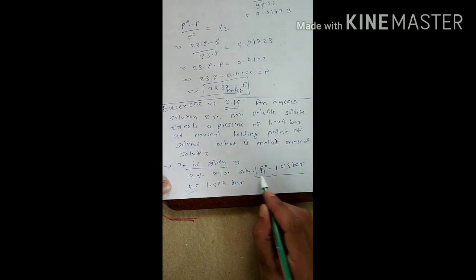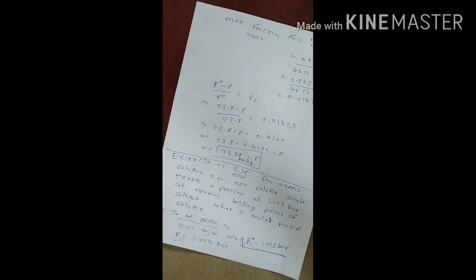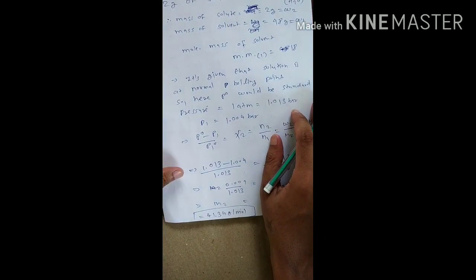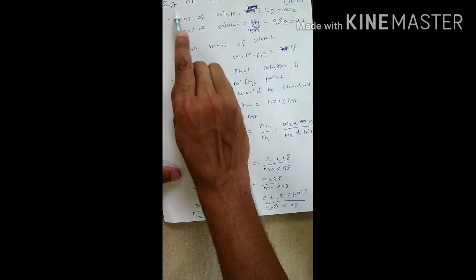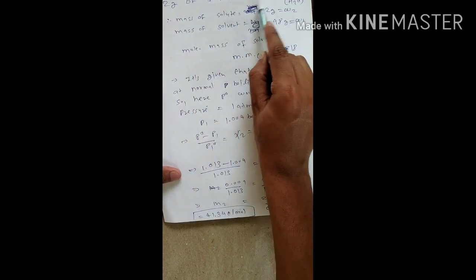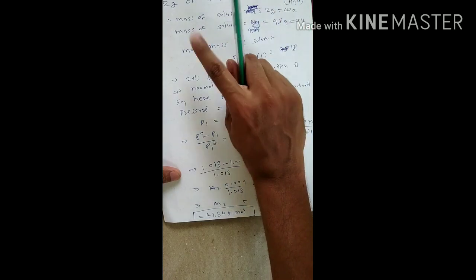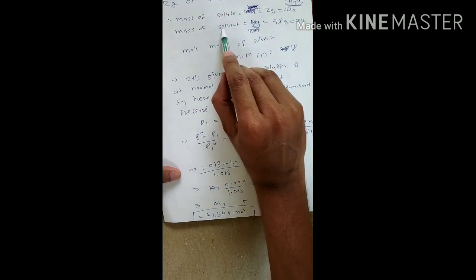P10, the pressure for pure water, 1.013 bar. Now the concentration is given to you as 2%. So what is this 2%? It means 2 grams of solute plus 98 grams of solvent. The solvent is given as aqueous solution, so it is in water.